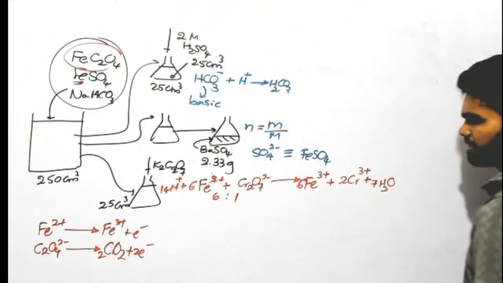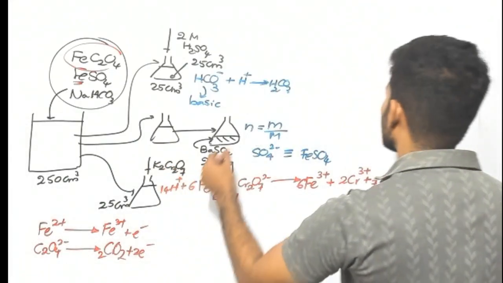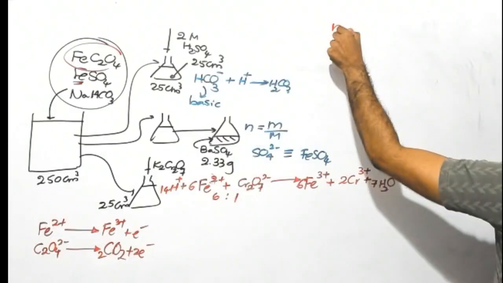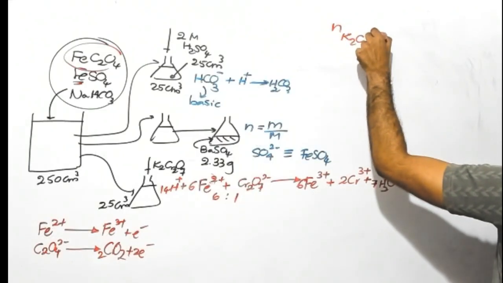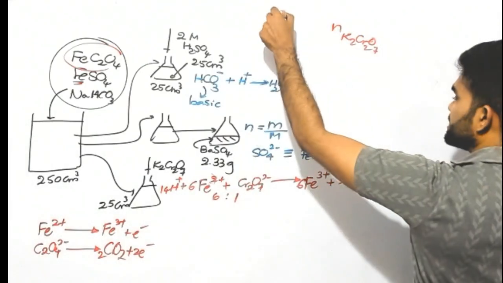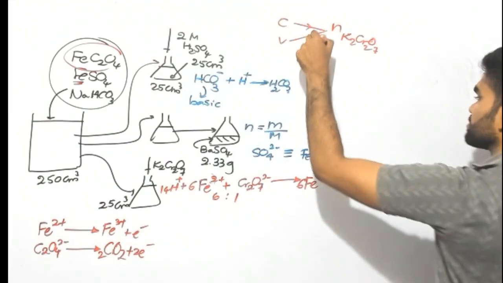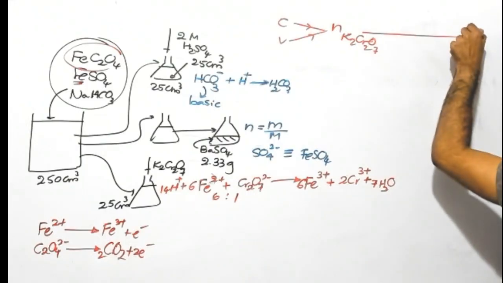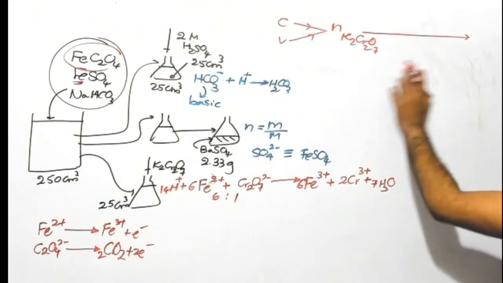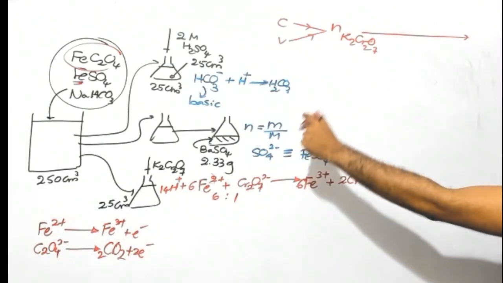6:1 ratio. Now you have the dichromate moles. Write it here. Moles of potassium dichromate you can find using its concentration and volume. Then from that moles, you need to subtract the moles reacted with Fe2+.